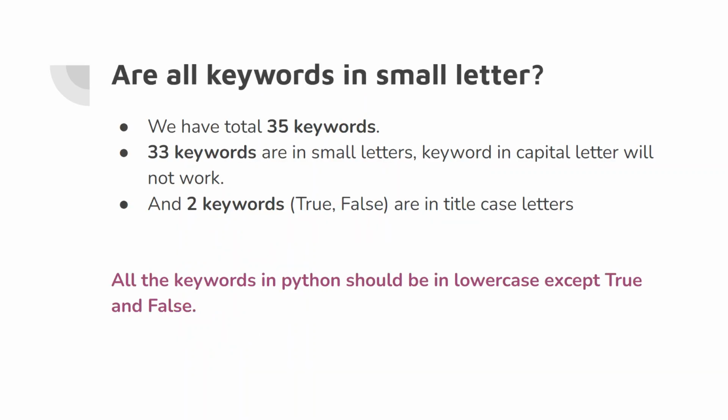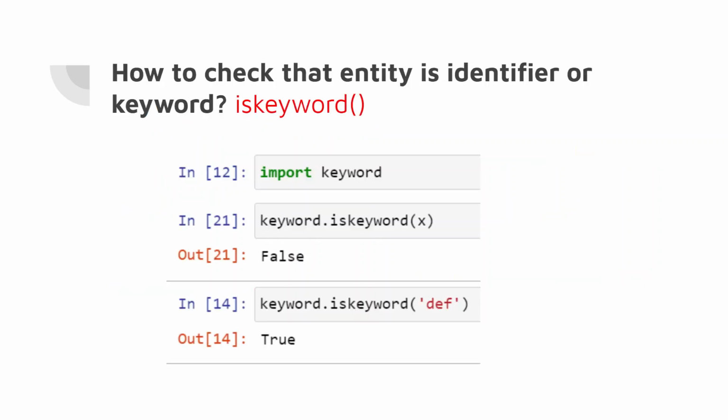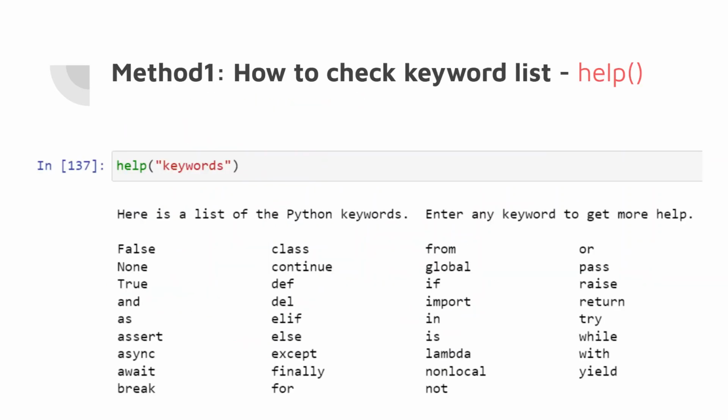Okay, let's go to the next. We have total 35 keywords. 33 keywords are in a small letter. So generally popular question is asked, that all the keywords are in lowercase. So you will say no, because true, false, and none, three keywords, and you can see here none is started with capital letter.